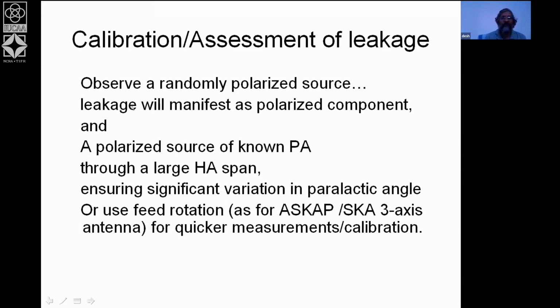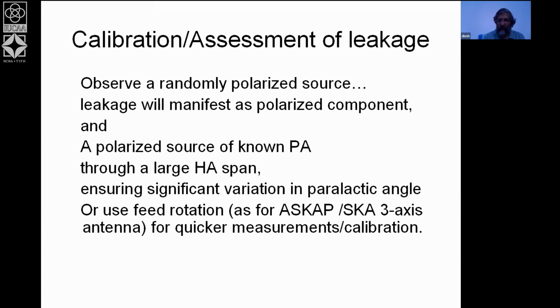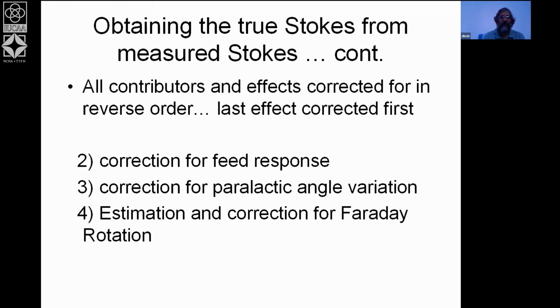And because of the leakage, if it starts showing some correlatedness between the two components, that is a good measure of getting your hands on the estimate of the leakage. You, of course, would like to observe a polarized source with known properties and make sure that you see it the way you expect to see it, and the deviations can be used to characterize your system non-idealities and so on and so forth. This can be done even through the feed rotation, which the newer telescopes are now incorporating.